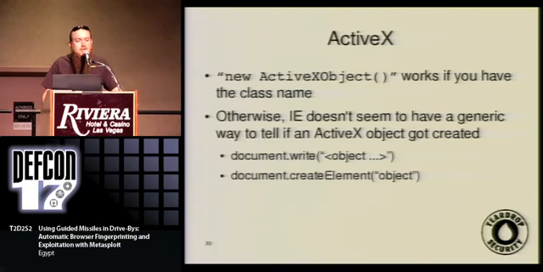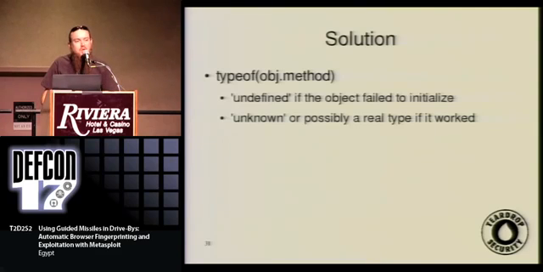Unfortunately, if you've only got a class ID and you don't have the class name, writing it out using document.write or creating it with document.createElement gives you a DOM object instead of an ActiveX object. Well, that's kind of a pain in the ass. Having a DOM object means that it is an object and it evaluates to true, so we can't just check it for existence. The only way to tell is to try to run a method or access a property of that object that only exists in the ActiveX control and not in a regular DOM object. Fortunately, for an exploit, we already have to know that.